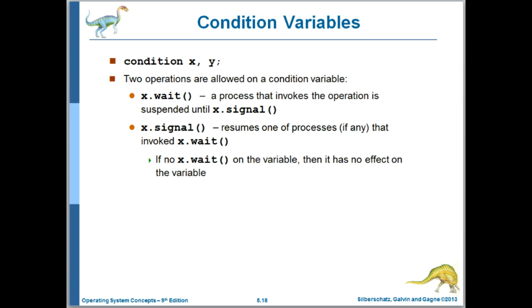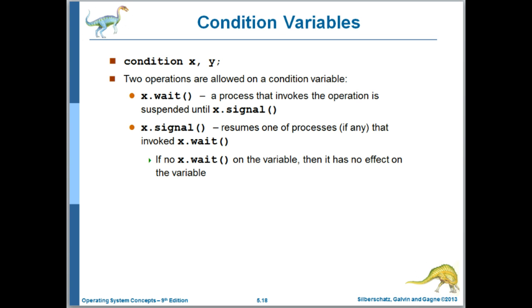So a condition variable is best thought of as some Boolean condition that we test, typically in an if statement. If true, we just continue on. If the condition is false, then this wait call is executed. That suspends the process but releases the mutex that's controlling access to the monitor as a whole.